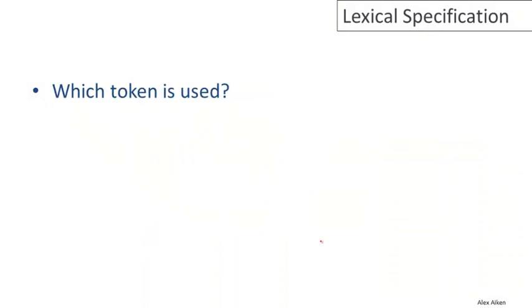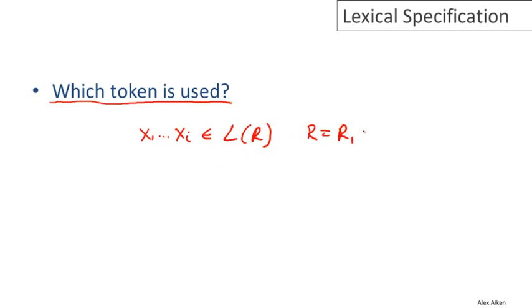A second question is, which token should be used if more than one token matches? What do I mean by that? Well, again, we have our prefix of the input, and it's in the language of our lexical specification. Remember that the lexical specification itself is made up as the union of a bunch of regular expressions for token classes.